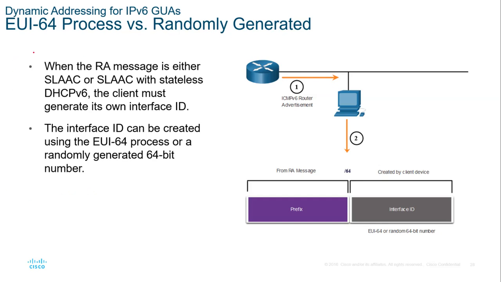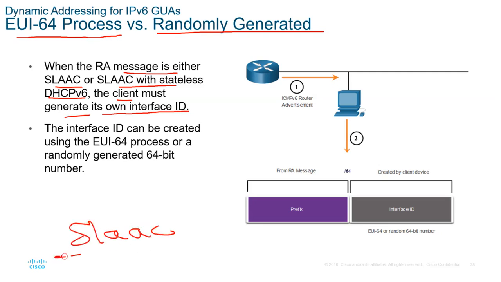So we have the extended unique identifier process and then randomly generated. When the router advertisement message is either SLAAC or SLAAC with stateless DHCP version 6, the client must generate its own interface ID. Where we have SLAAC, it's a must. So the interface ID can be created using the extended unique identifier process or a randomly generated 64-bit number.